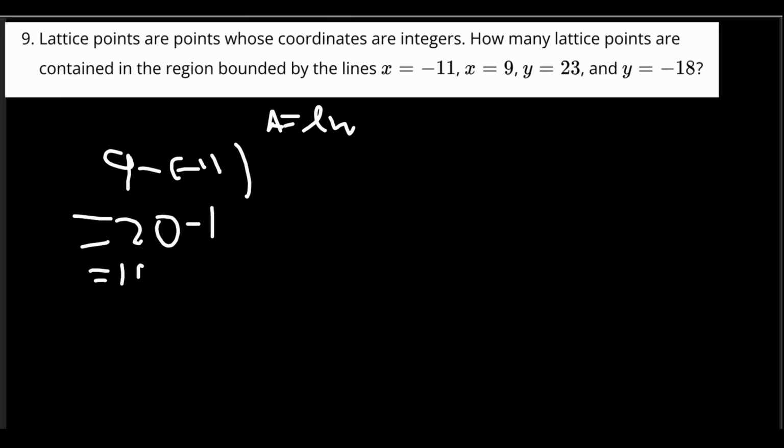Now I'll explain why we have to do this later. And we're gonna do the same thing for the y values, and that would get us 23 minus -18, which is gonna be plus 18, and that is equal to 41. Again, take away an extra 1, leaving us with 40.